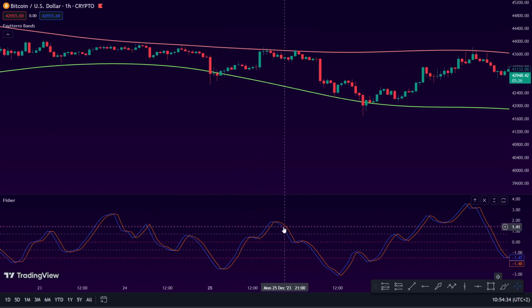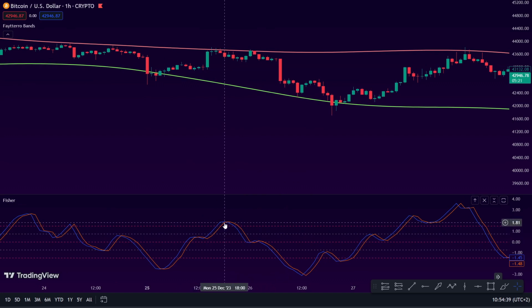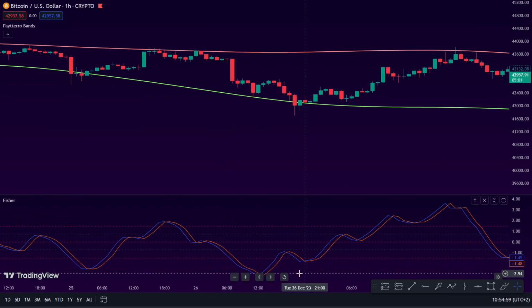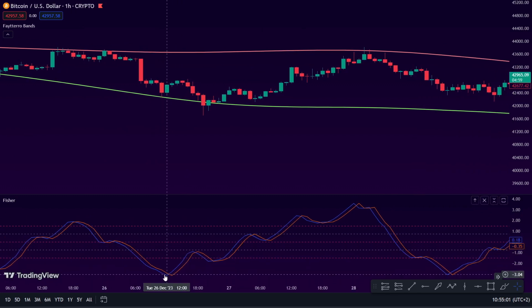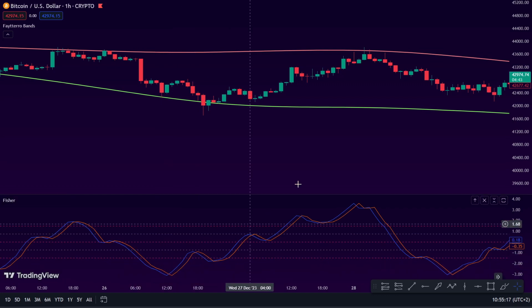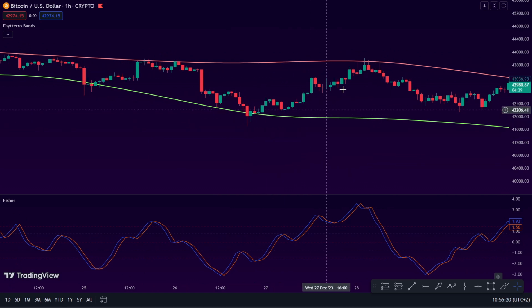As you can see here, if the blue line crosses down the orange line above this 1.5 line, it may give a sell signal, and if it crosses below this minus 1.5, this blue line crosses above this orange line, it may give a buy signal, as you can see here.